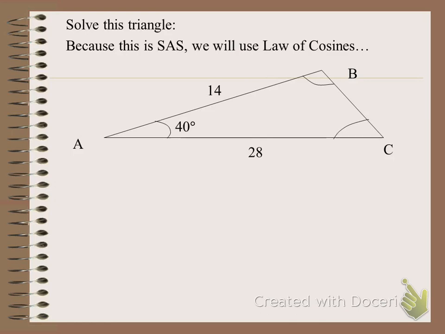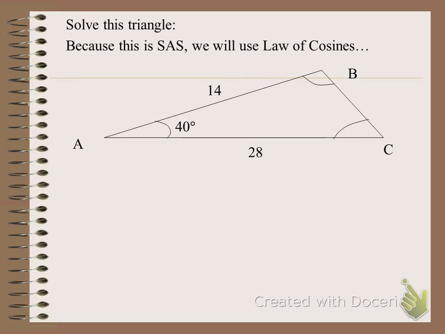Now, y'all remember that you can never go by what you see in these diagrams. They may not be to scale. This looks like it's going to be an obtuse triangle. What kind of tells you it's probably obtuse? Angle B, but what's an even better indicator that it's obtuse?